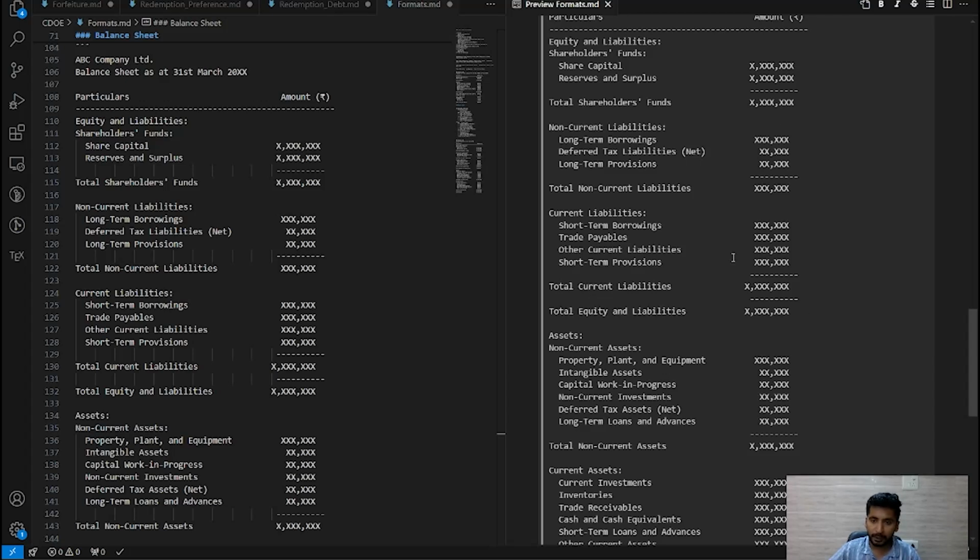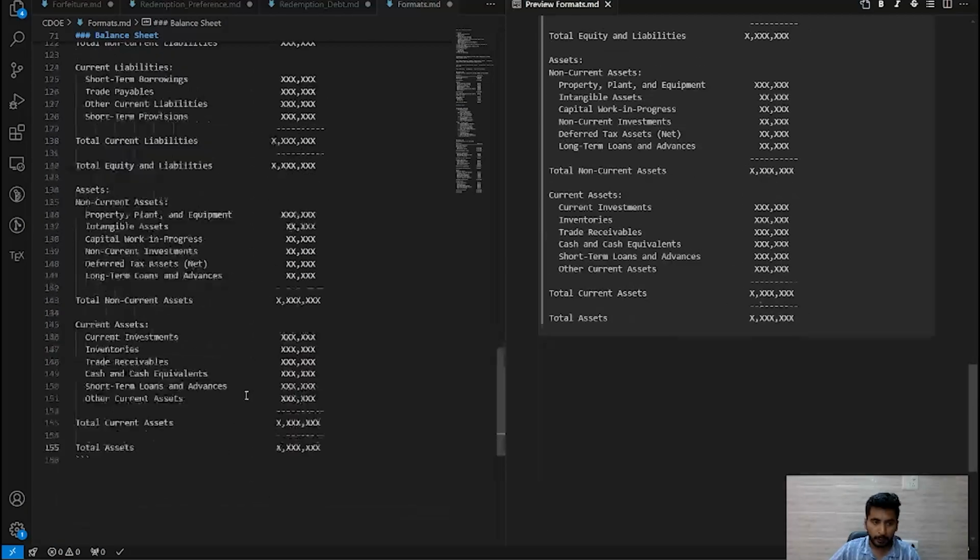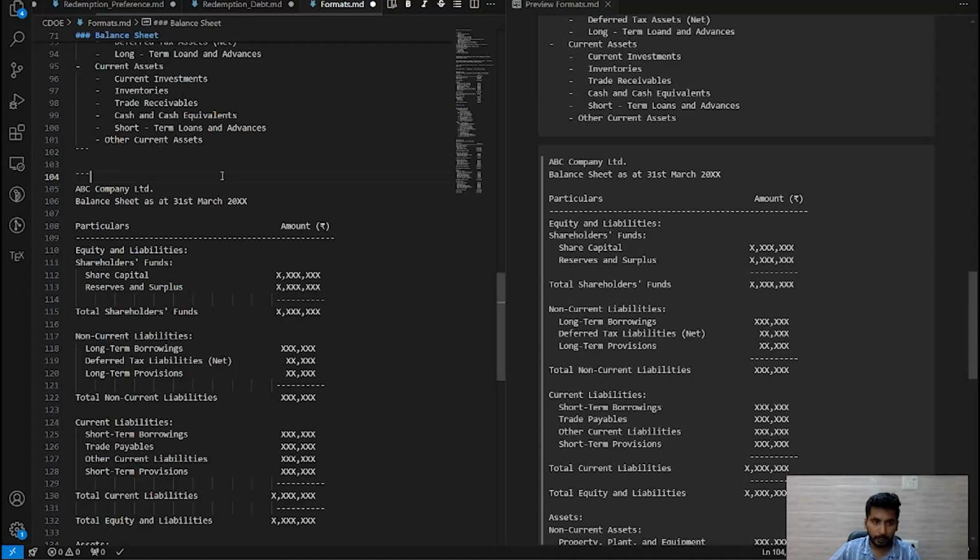Total equity and liabilities is the total of, let me just mark it down in here. Just give me a second.